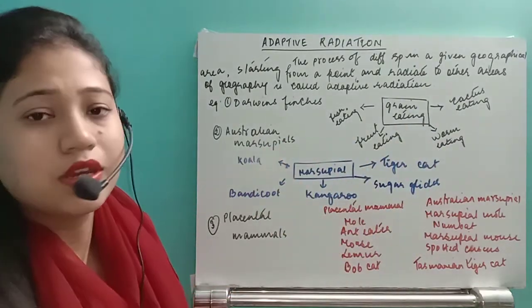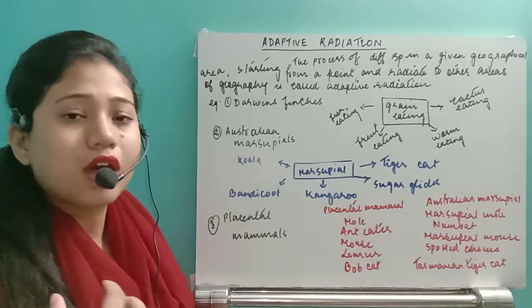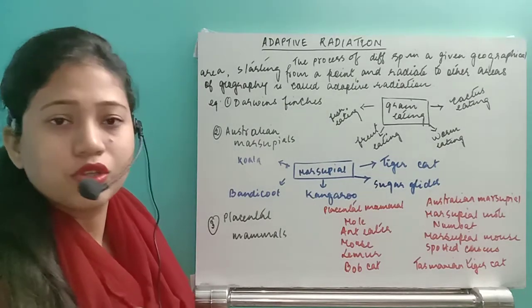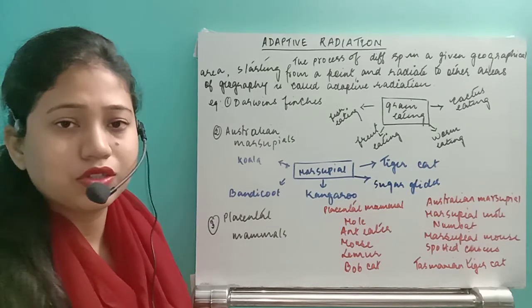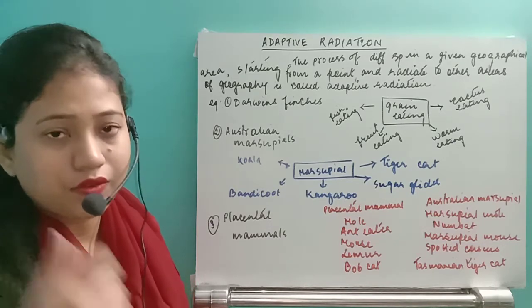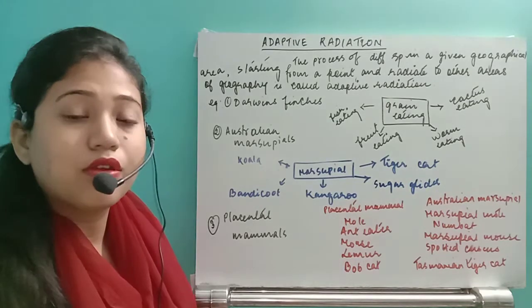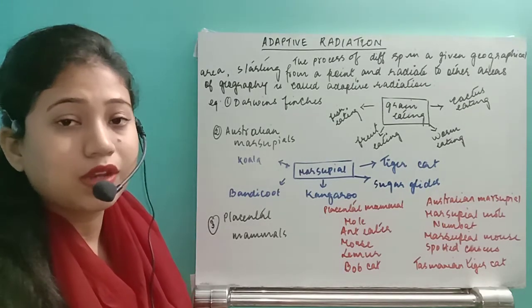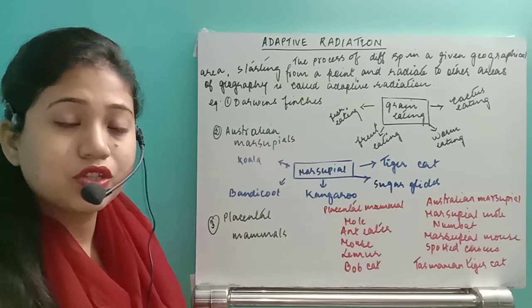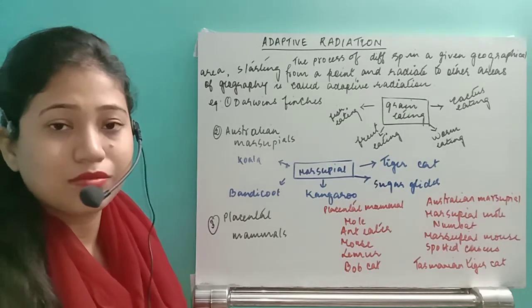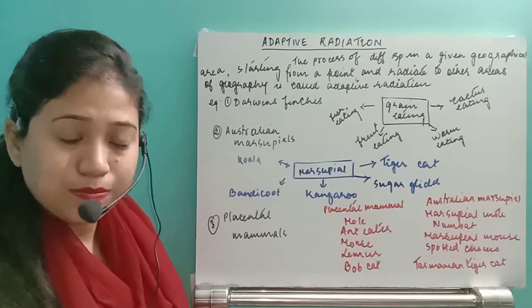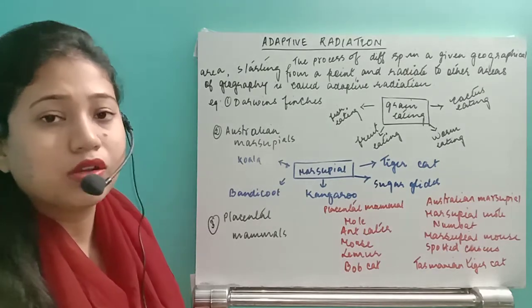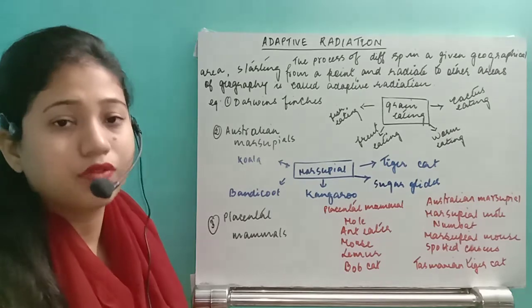When it starts to deviate from that original species into different geographical areas due to any of the conditions, this is called adaptive radiation. We can see a number of examples. This can be caused by natural calamities like food, air, water, and space; all of them can be a cause or reason for adaptive radiation.